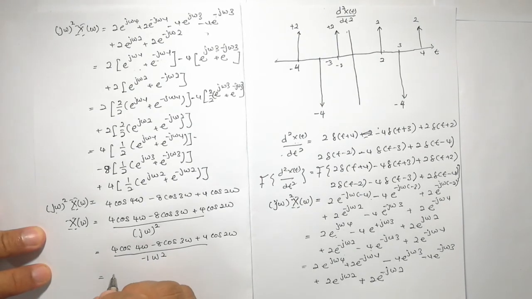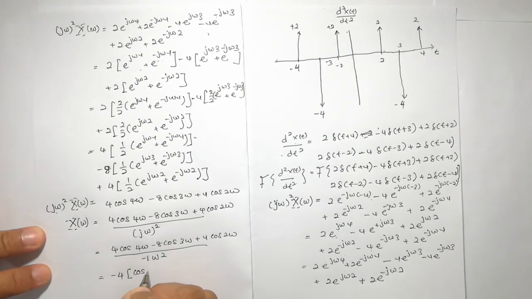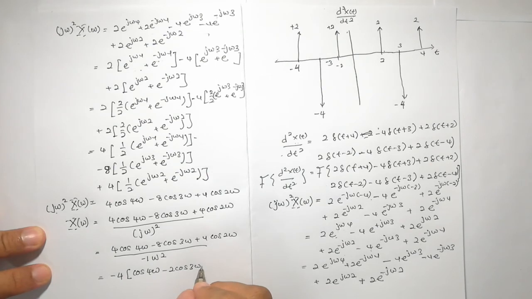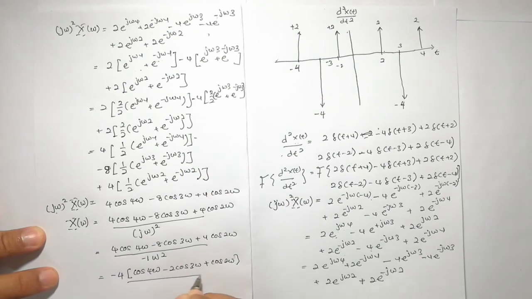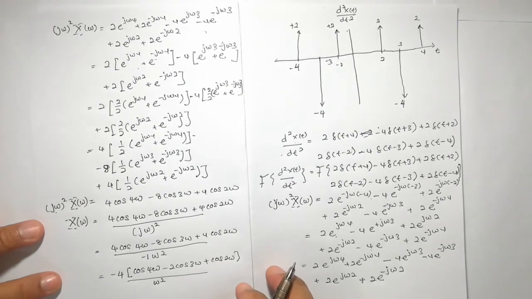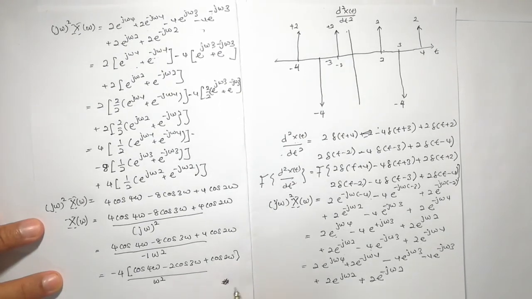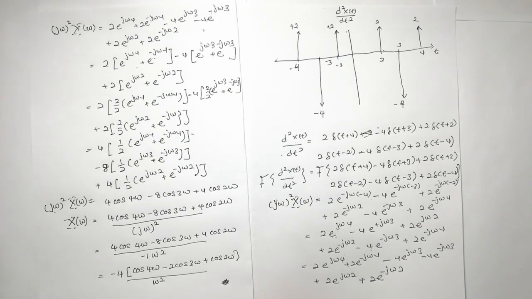So we will have -4 and then factorize it: cos 4ω minus 2 cos 3ω plus cos 2ω, and then we divide this by ω squared. Right? So this is our Fourier transform for our signal x(t), which is X(ω) equal to -4 times cos 4ω minus 2 cos 3ω plus cos 2ω, divided by ω squared.